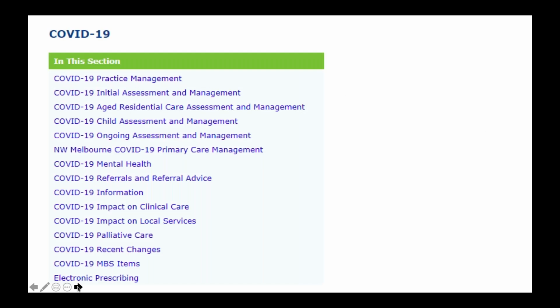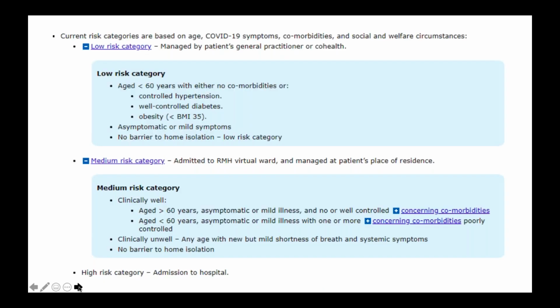I just wanted to very briefly mention health pathways. Bianca mentioned them earlier, but there is an increasing number of different health pathways that are COVID related, including the one for the Northwest Melbourne pilot. They have the risk stratifications, and various drop downs, as is the health pathways format.